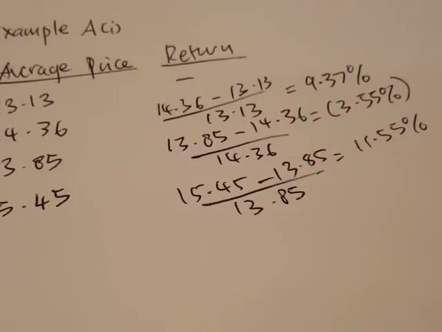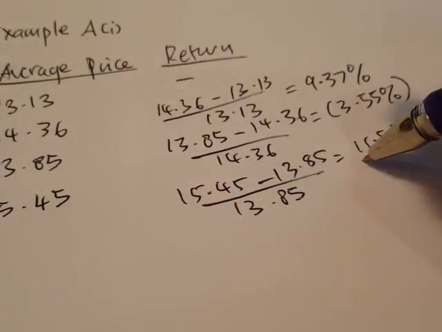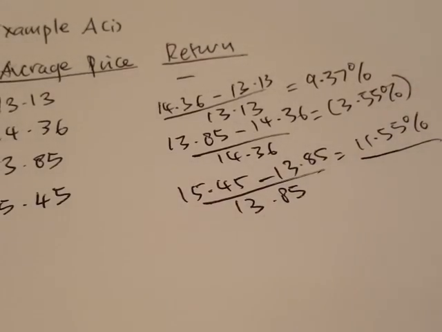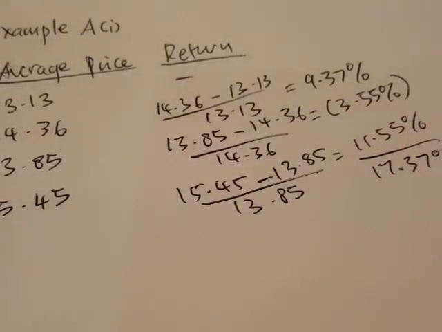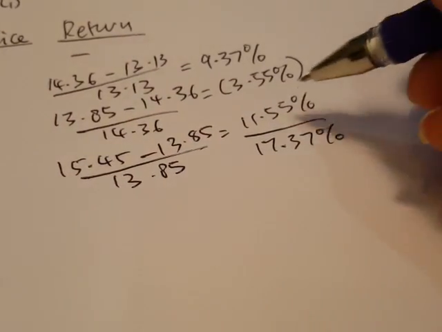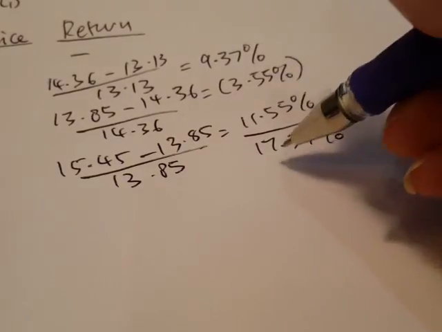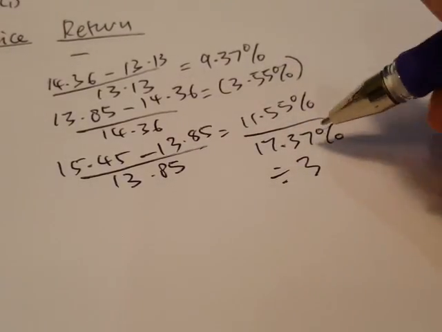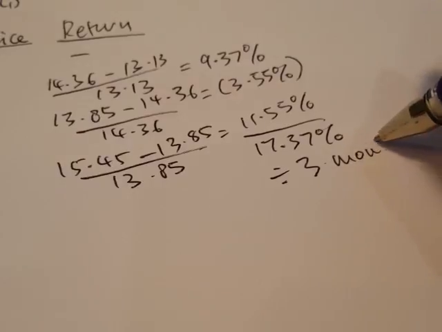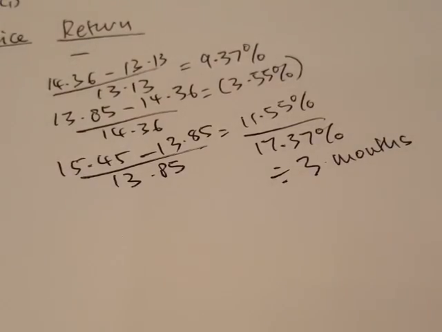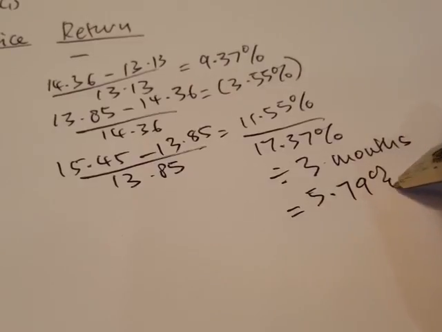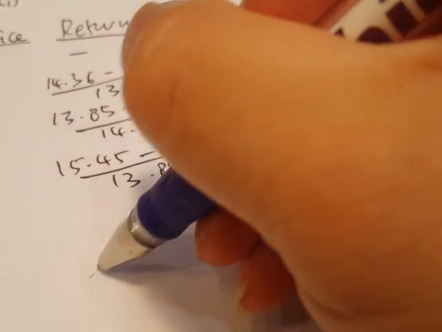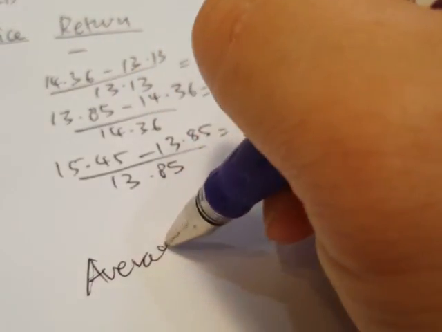So to calculate the average, 17.37, 3 years, sorry, 3 months, and you should get 5.79. This is the average return.